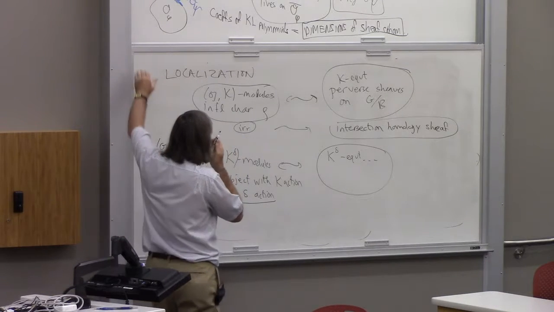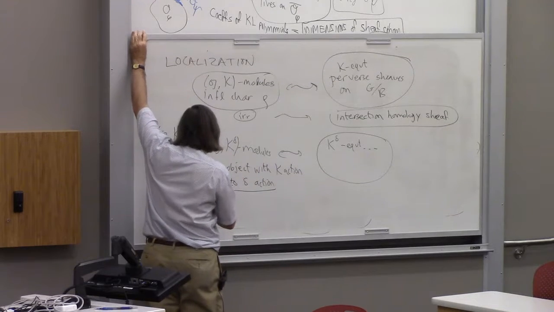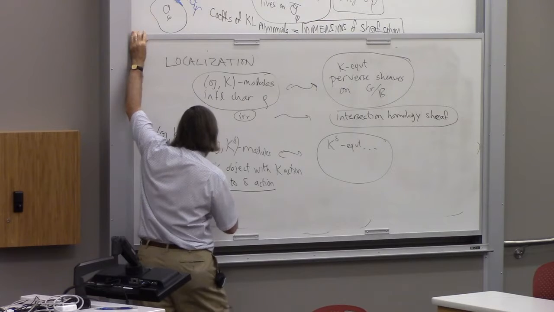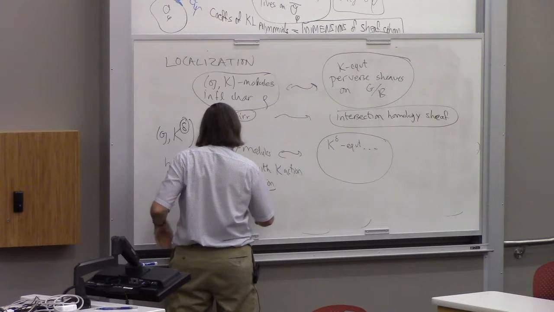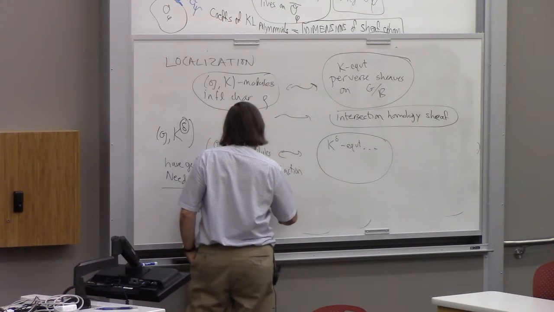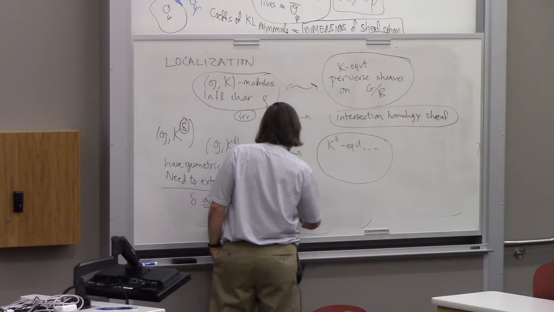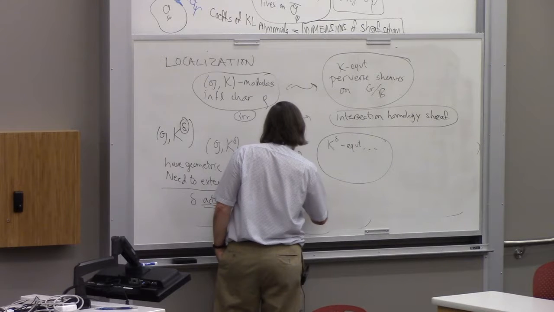What happens is essentially this delta acts on these intersection cohomology sheaves.